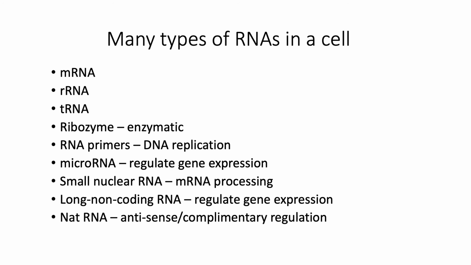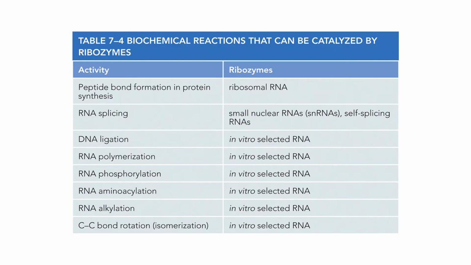So there's many, many types of RNAs in the cell, and there have been many different types of RNA-based enzymes that have been identified aside from the ribozymes. Let me show you. I have a table here. So this table shows basically some of the types of RNAs that have been shown to have enzymatic activity. So we talked about the ribozyme.